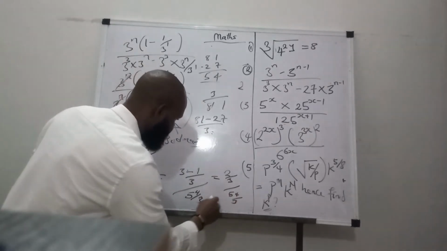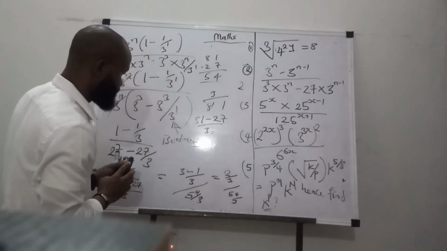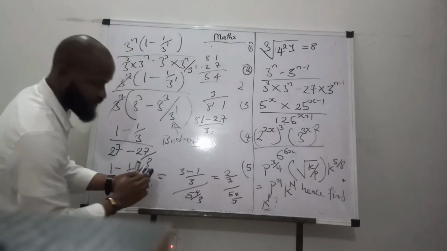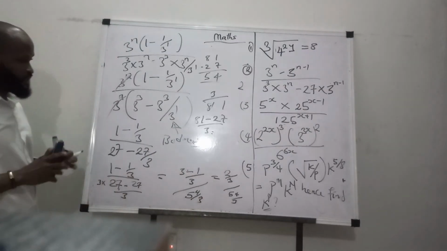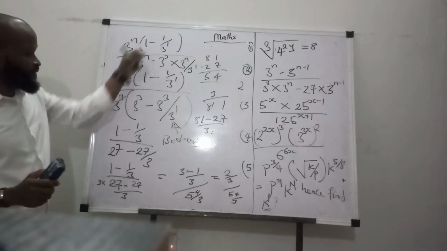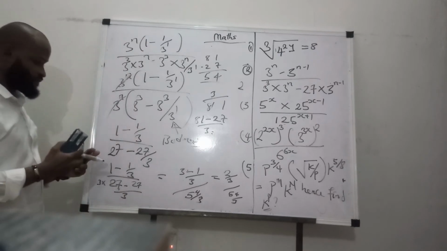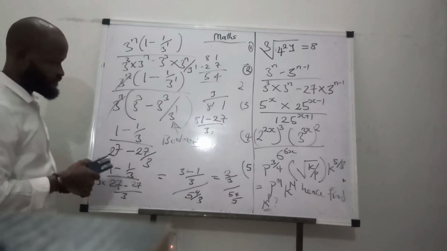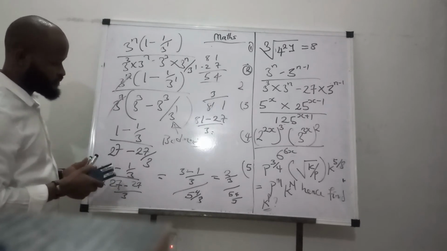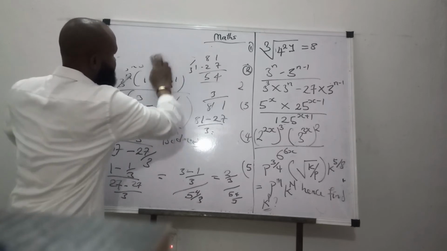Now we have, okay, have you coped up to this point? Yes, you have coped up to this point, please. So I can wipe here and give us the final answer. Now we go ahead.